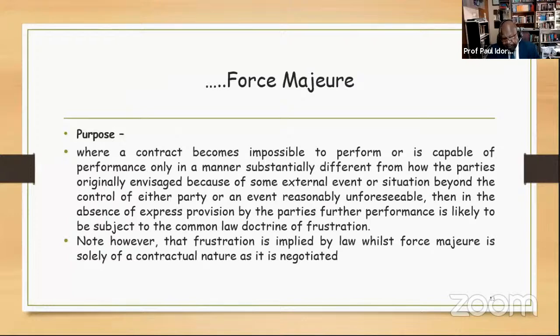It is the one that creates just now a major issue. And you know, when parties enter into a contract, the intention is that they will perform all their obligations. That is the intention.